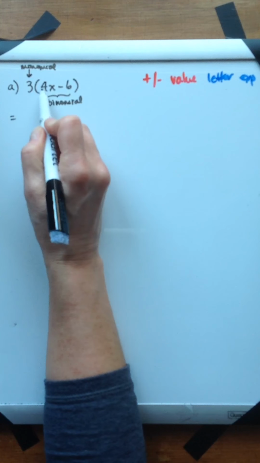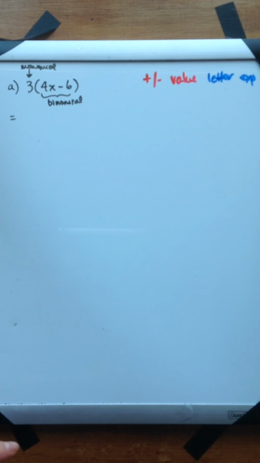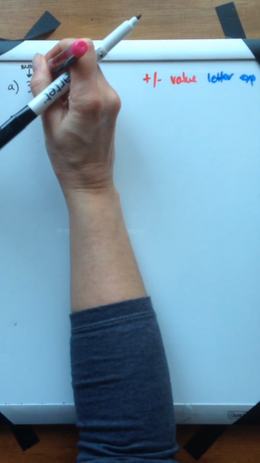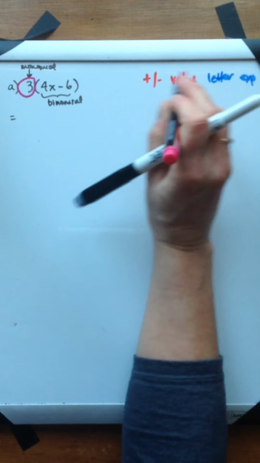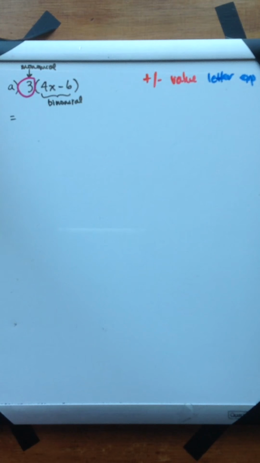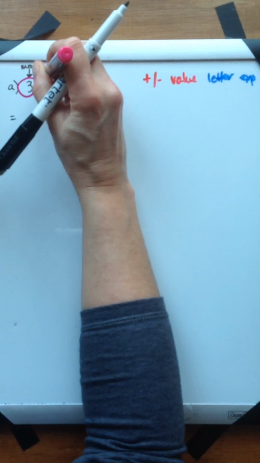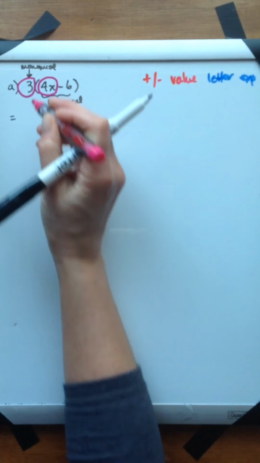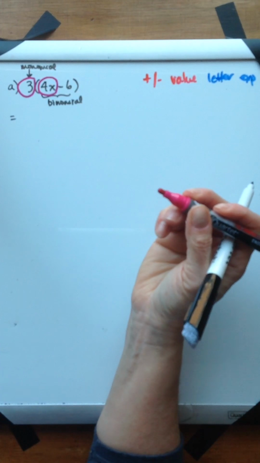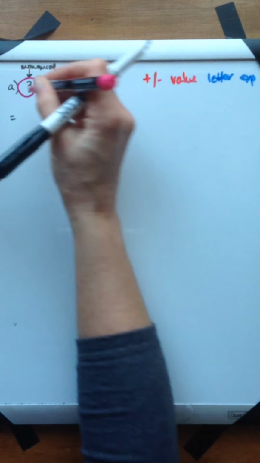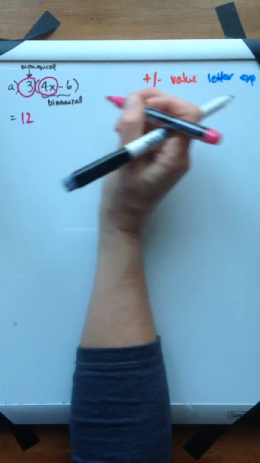So when I multiply these two together, and I'll highlight them for you, I want to make sure that I collect the sign, the value, the letter, and the exponent for here, and I also want to do it for here as well. So the two signs multiplied together are positive. If I don't write a sign, I'll know what it is. If I multiply their values together, I get 12.